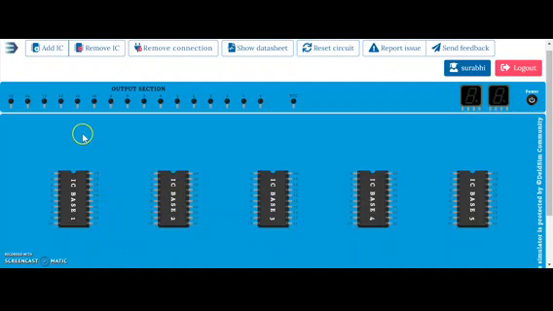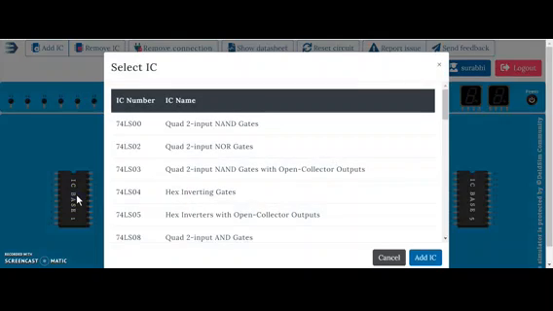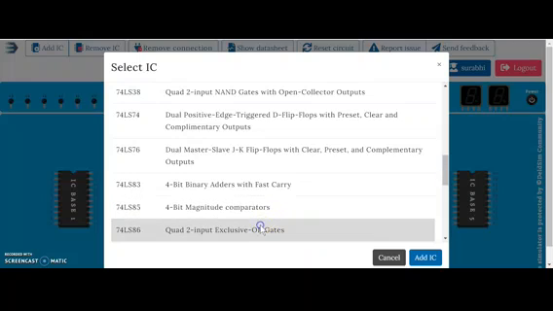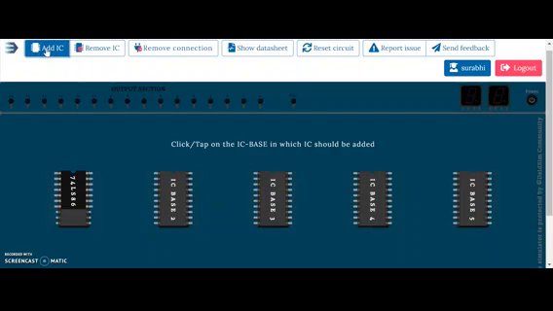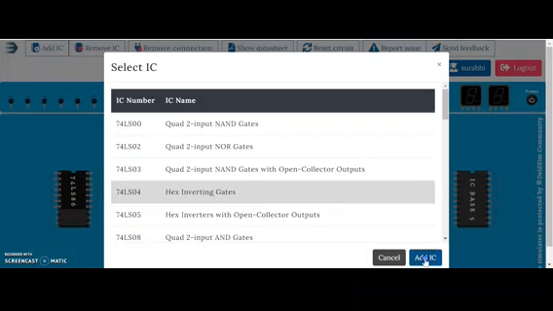Okay. So we will take the ICs. The first IC I will take is the 7486 XOR IC. This is 7486. Then second we will take the NOT gate IC, 7404.